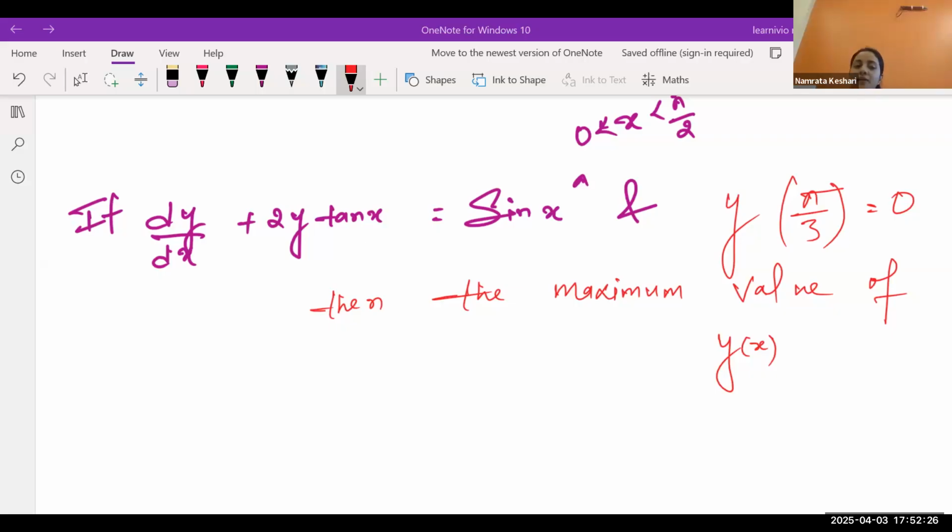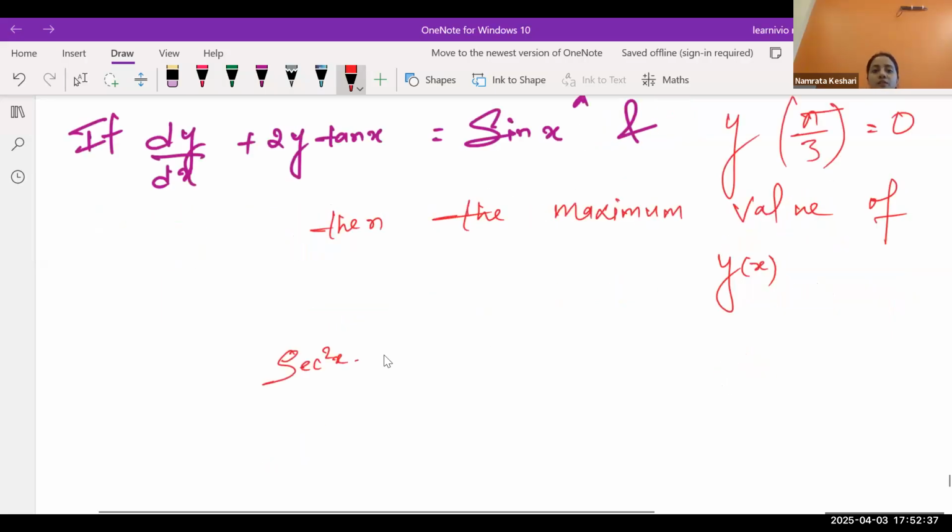Yeah, what did you get as the integrating factor? Sec square x. Okay, just sec square x. So now we'll be finding the solution. It will be y into, since we have to find the maximum value, let's check how we are getting the function.